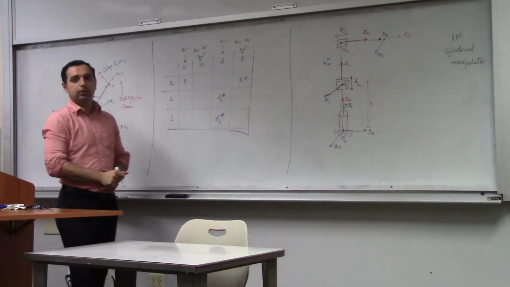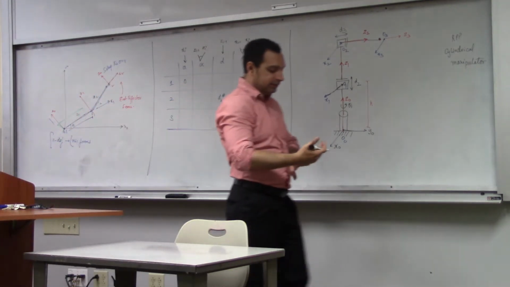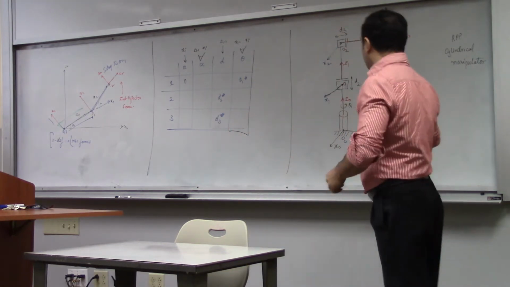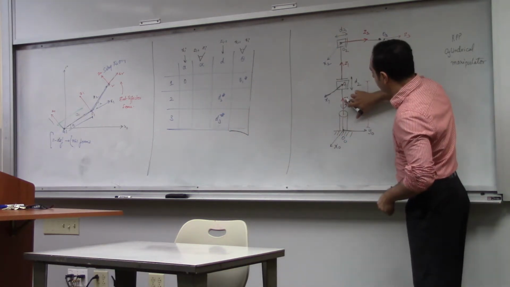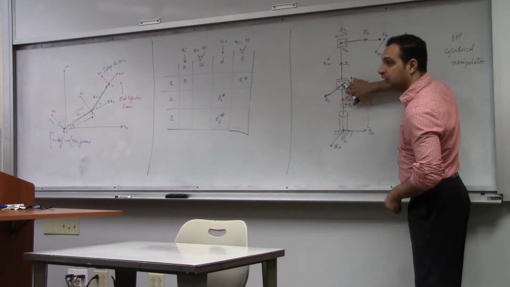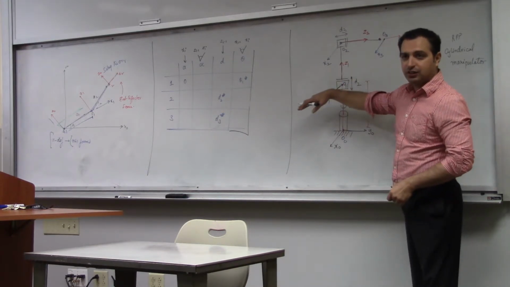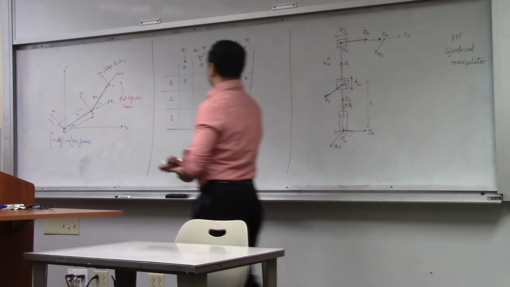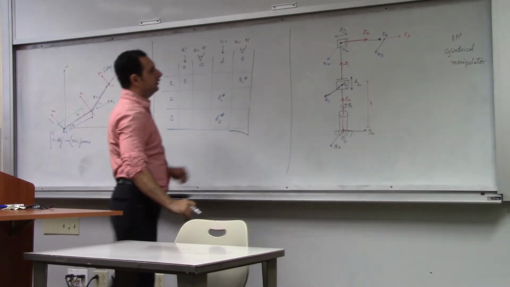Because A is the distance along the x-axis, and it is intersected by z at the origin, you're not measuring any distance along x.